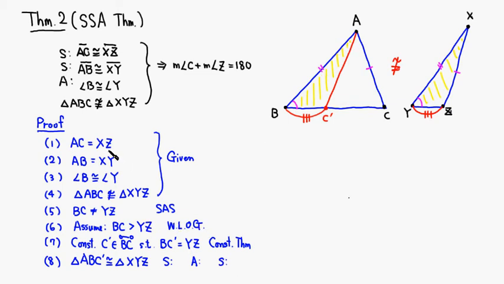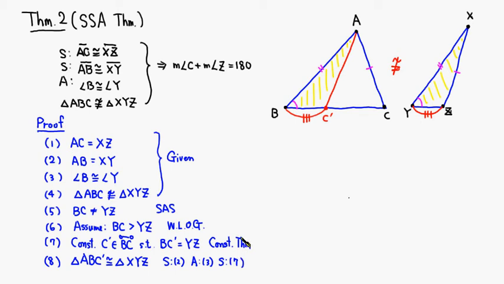The side is AB, which is from line 2. The angle comes from line 3, and then you have BC prime equal to YZ, which comes from number 7.